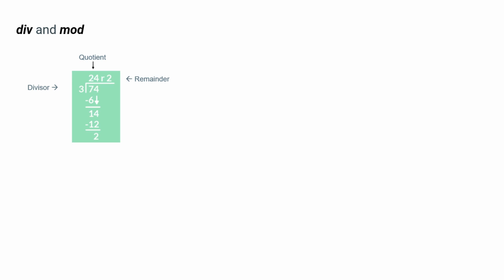If we stop with that remainder, we would say that 74 divided by 3 is equal to 24 with the remainder of 2. So think about this. If we took 74 mod 3, these are the same numbers, we end up with a 2.